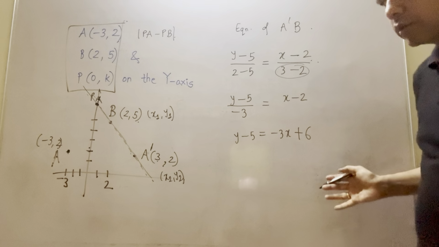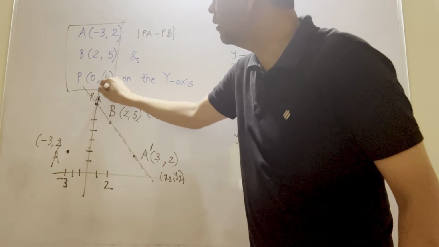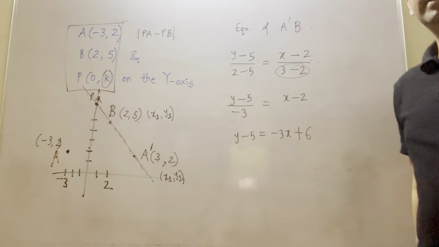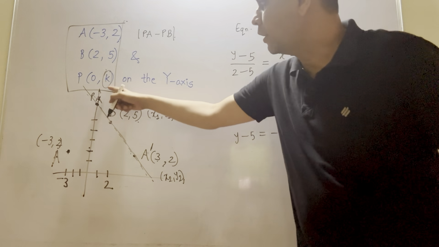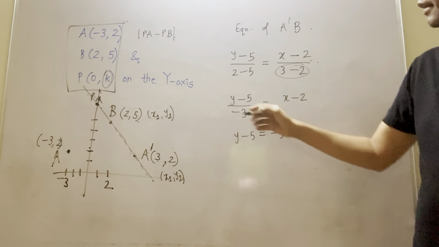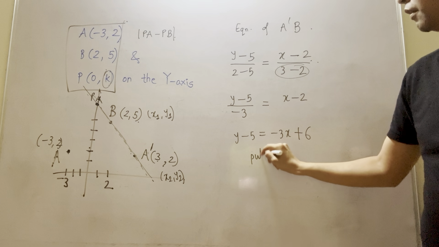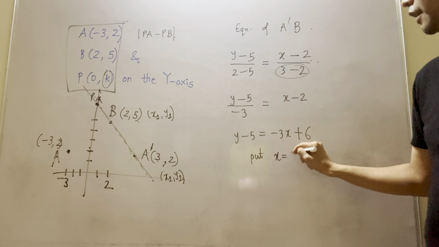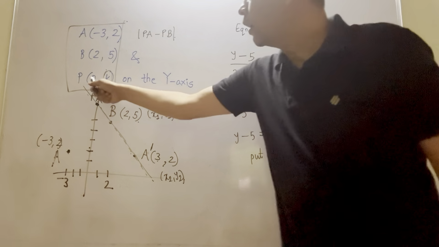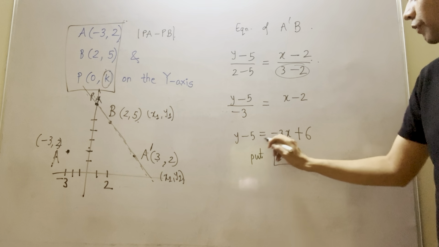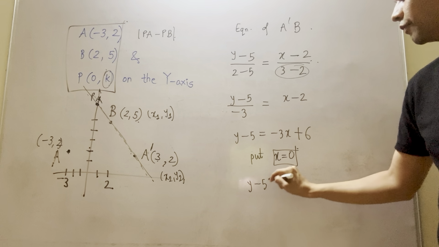Now, beyond this, I may not simplify because what I am interested in is the value of k, which means I want to find where this line is intersecting the y-axis. So simply we will put x equal to 0. You see that is what is indicated here. So if you put x equal to 0, you will get y minus 5 is 6.